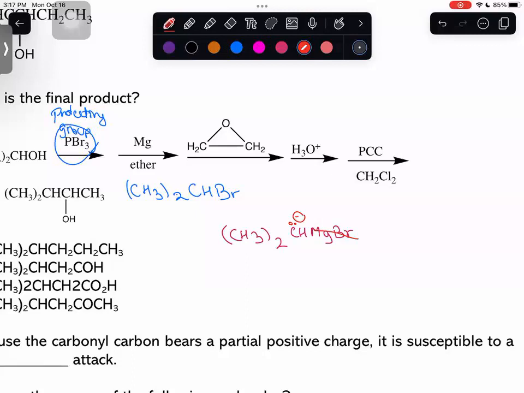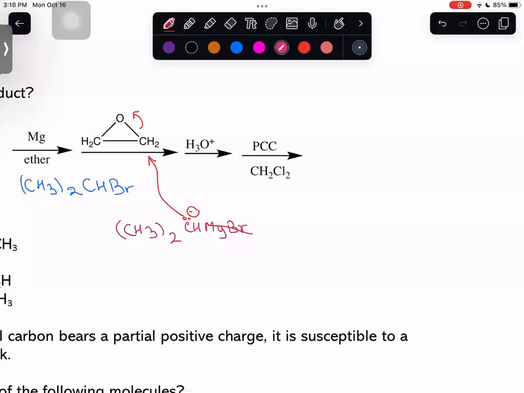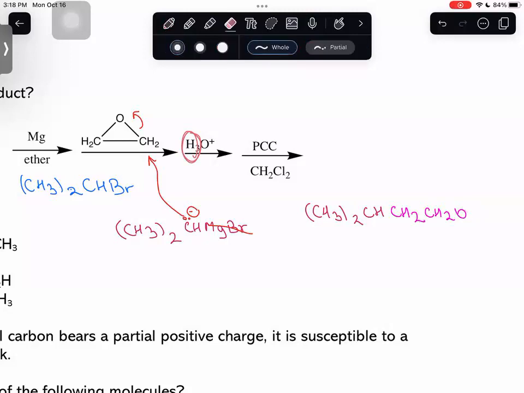No. Okay, let's draw it again. Now, at this point, we have our acid, so we're just going to be protonating that. So I have my alcohol group.